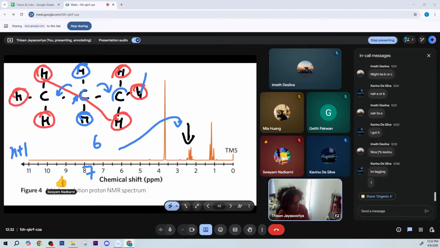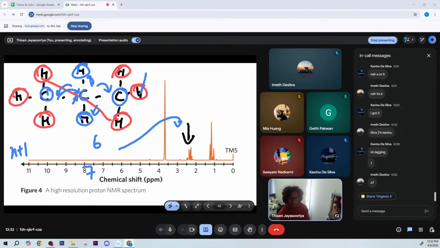For these 2 environments, if we look at the hydrogens on adjacent carbons, we'll see that there's only 2. So how many splits do you guys think it will have in the actual graph? Type it in the chat.